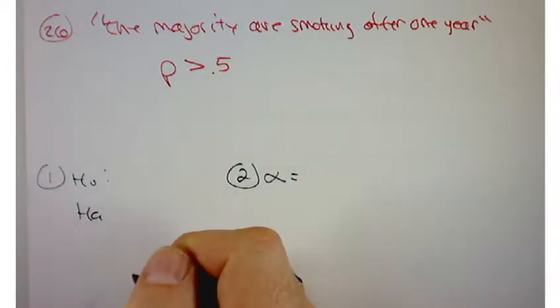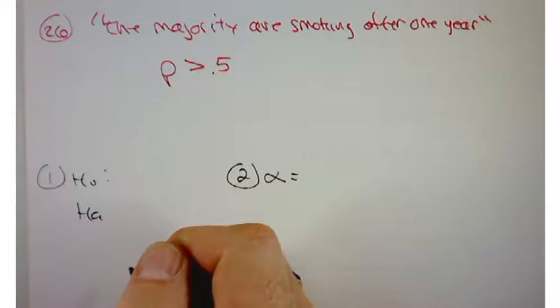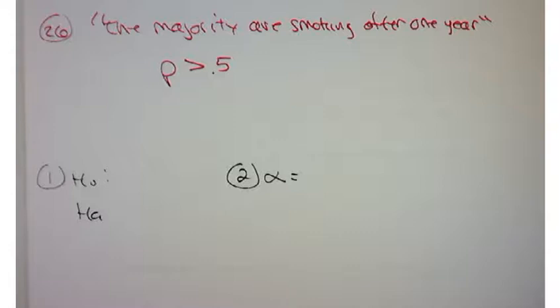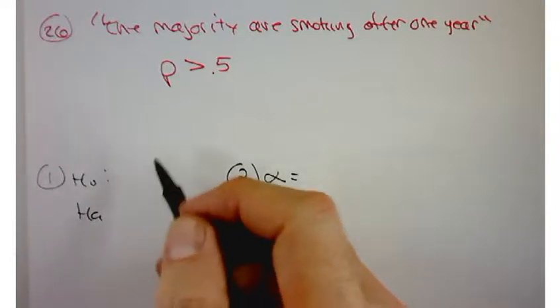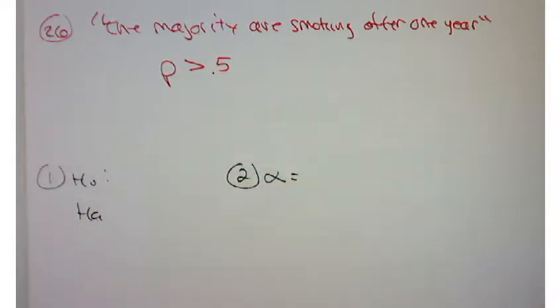See if you can't write down H0 and HA. What do you think?